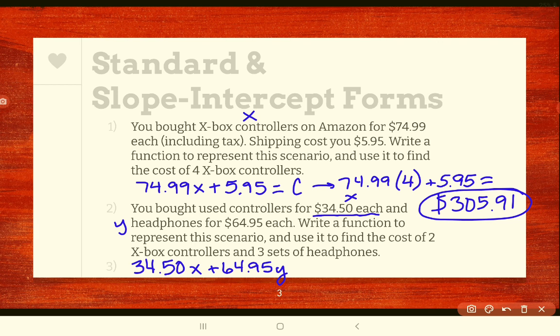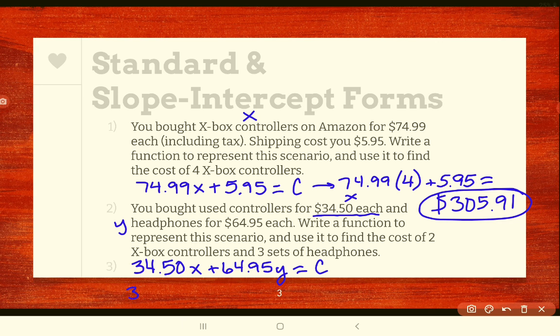So there's the first part of my equation here. $34.50 times the number of controllers plus $64.95 times the number of headphones, and that's going to be equal to our total cost. So there's our function right there. The next part says use this function to find the cost of 2 Xbox controllers and 3 sets of headphones. So that means x is 2 and y is 3.